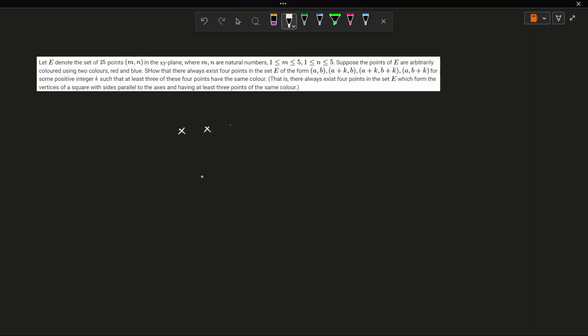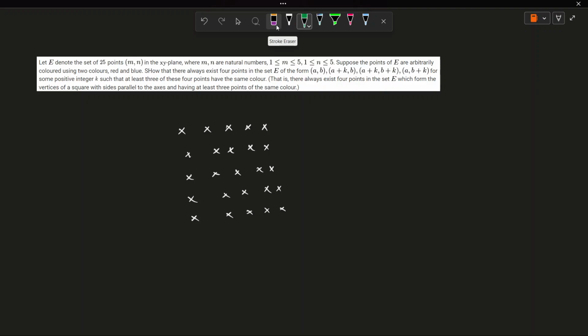First of all, let me draw a rough picture of the 25 points. These are the 25 points. What we are going to do is follow a systematic procedure of using the pigeonhole principle to solve the problem.